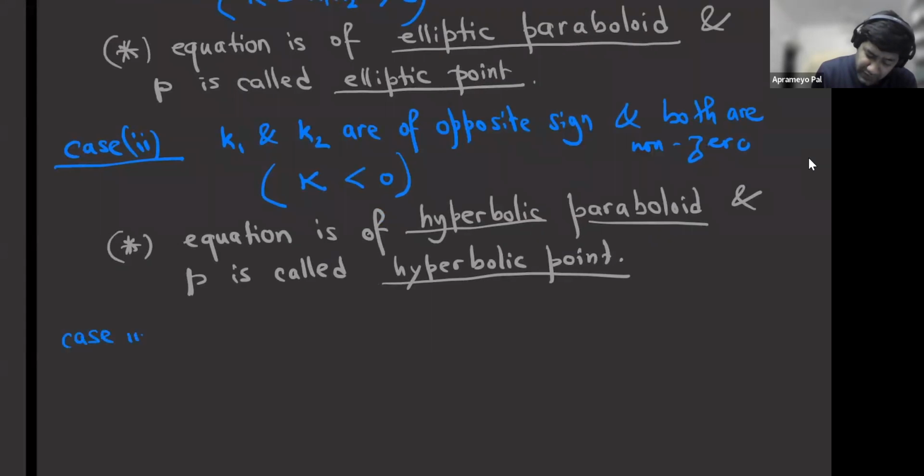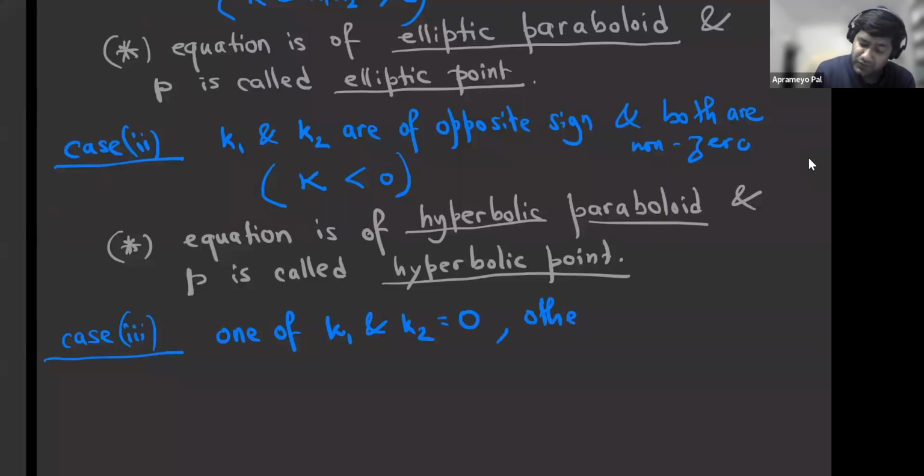Case 3: one of kappa 1 and kappa 2 is 0, but the other one is non-zero. In that case, the Gaussian curvature is 0.